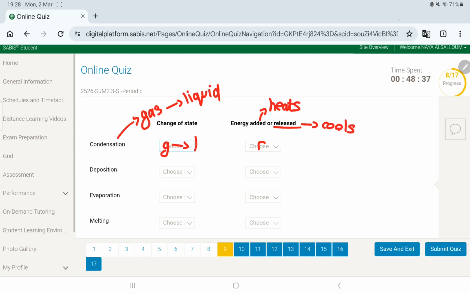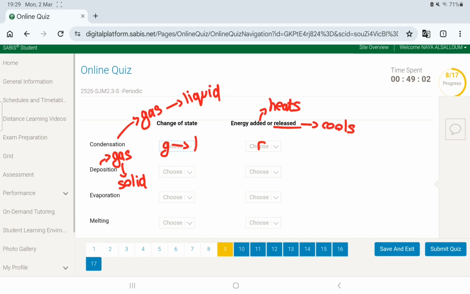Now, deposition. First, let's remember sublimation. Sublimation, S for solid, skips liquid, gas. So deposition, what's the opposite? Gas to solid. For something to change from a gas to solid, now guys, gas to liquid already needs a really low temperature.